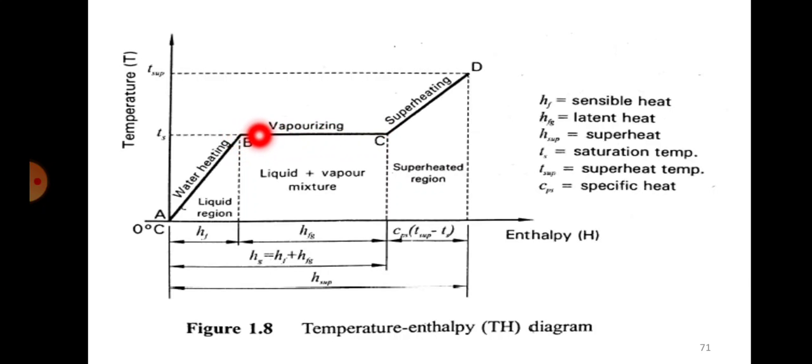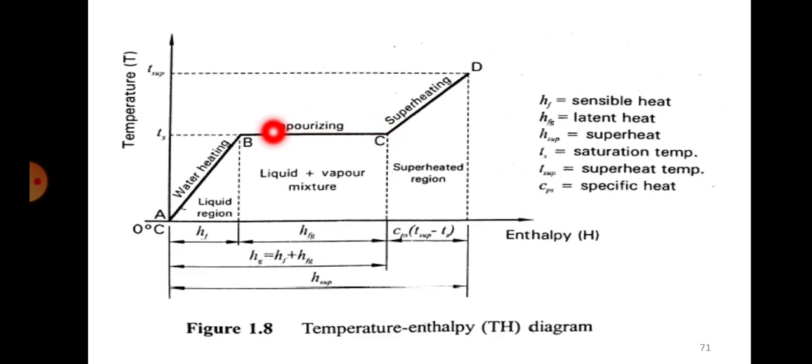If I keep it close to B, then obviously vapor content is less and water content is more. But as this line moves further and reaches point C, the water content goes on reducing and vapor keeps increasing, and when I reach point C, there won't be any water molecules present at all. It will be completely vapor.